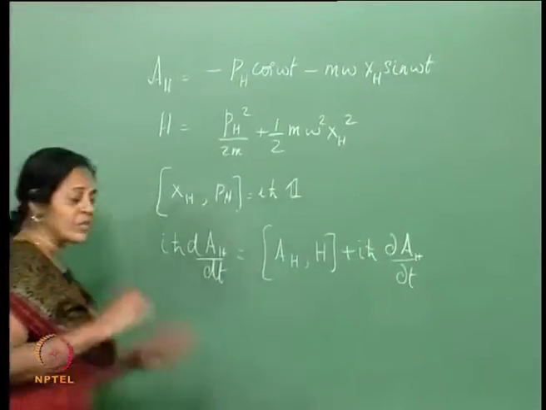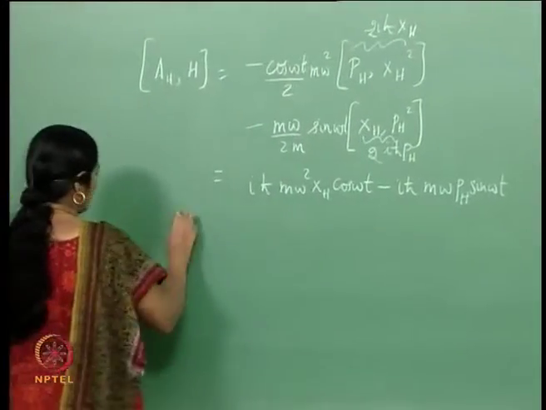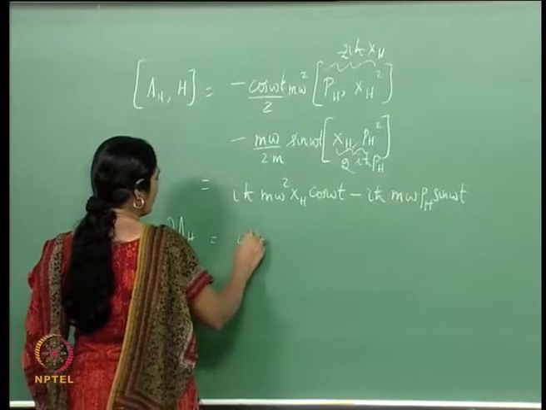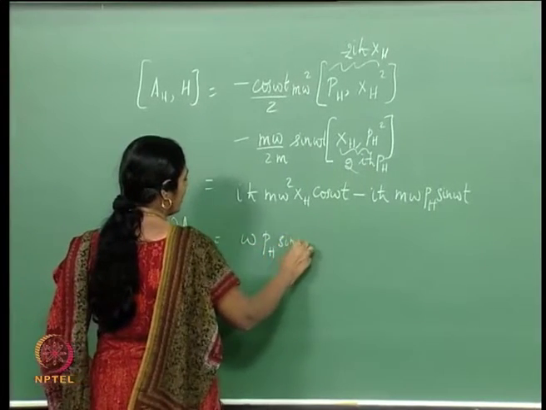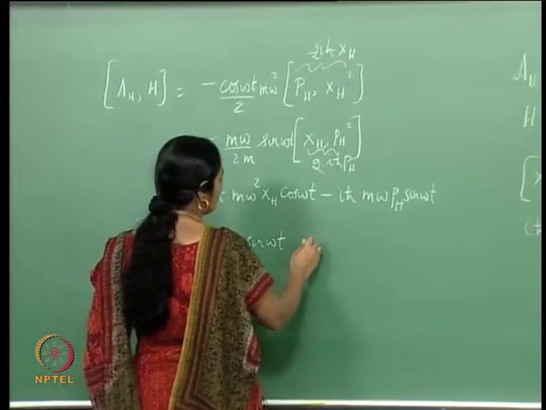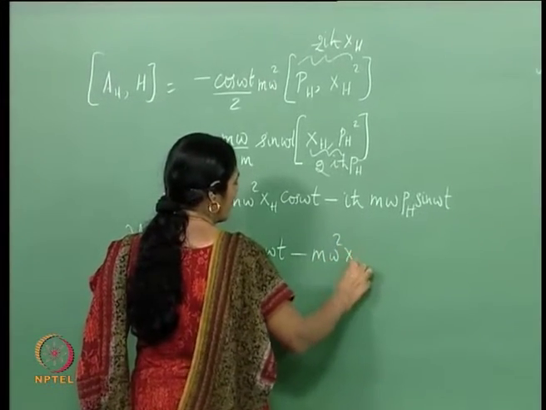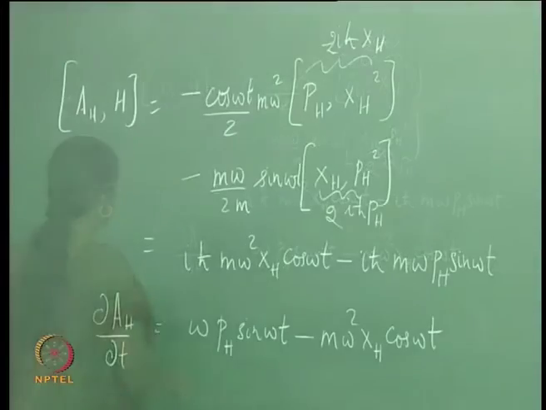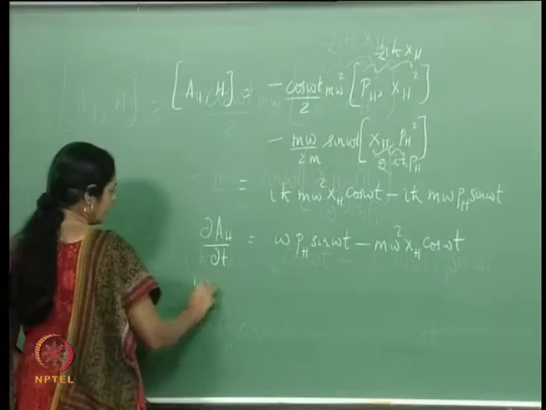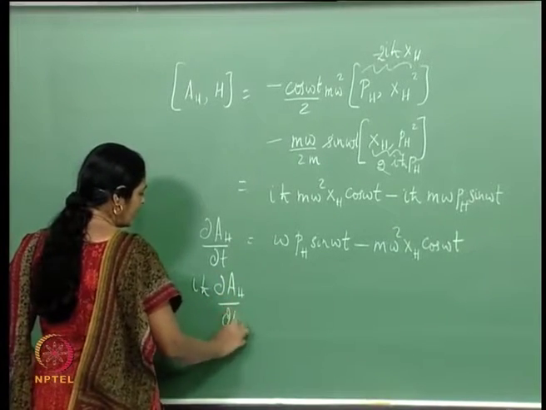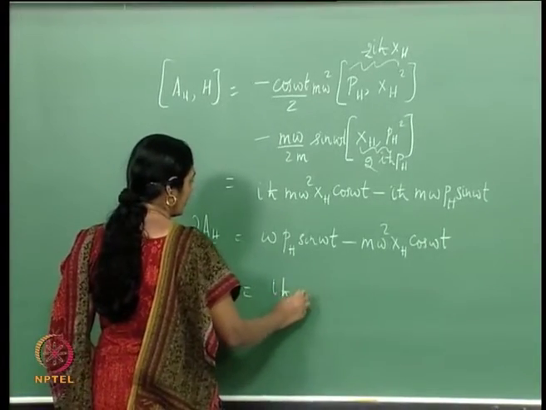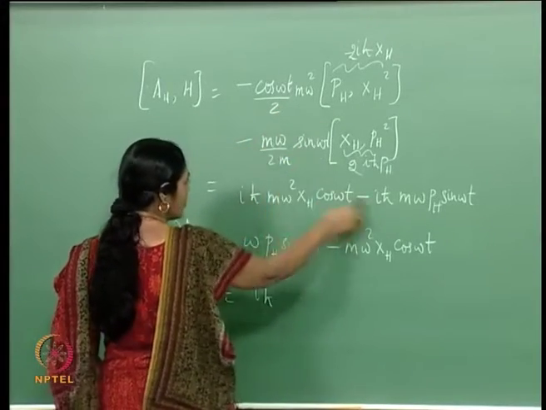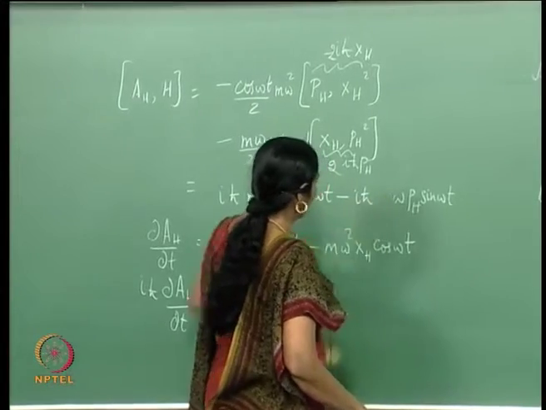Now let us look at the explicit time dependence. Delta AH by delta t, the first term gives me an omega PH sin omega t and the second term gives me a minus m omega squared XH cos omega t, and therefore what I need is i h cross times that. The m cancelled out here, so there is no m out there, and this is what I have.